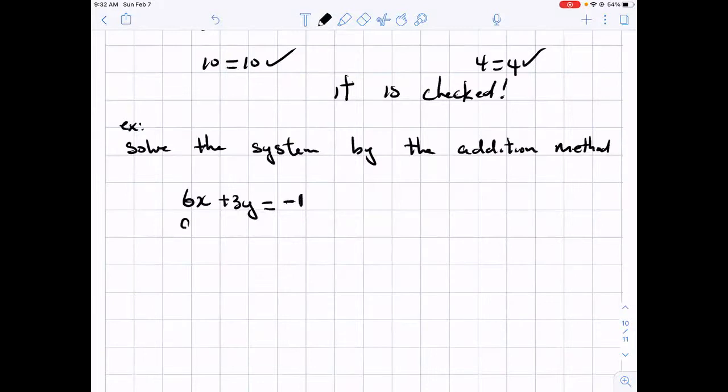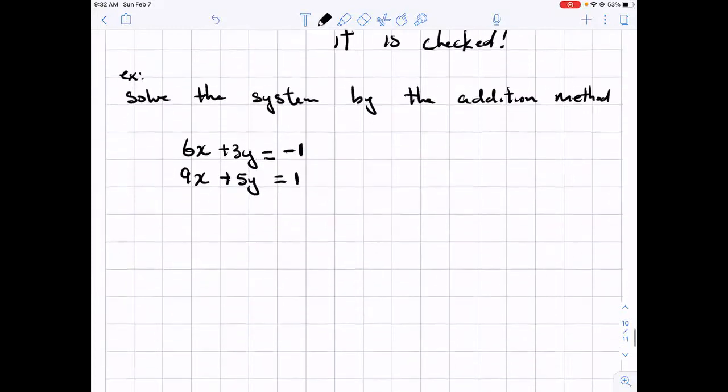And 9x plus 5y is equal to 1. So observe here that if you try to add them, none of the x's or the y's will cancel. So let's give them names, equation 1, equation 2.